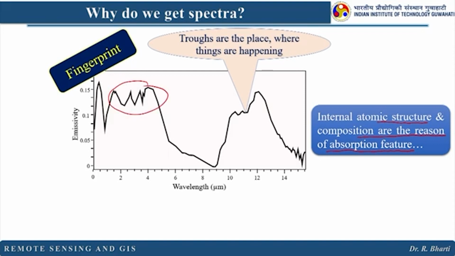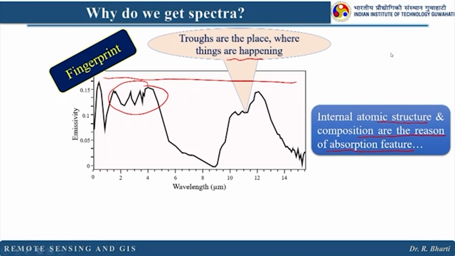These troughs are the places where things are happening. If you get a straight line here, that means nothing is happening. But if you are getting undulations like peaks and troughs, that says there is some interaction happening between the light which is illuminating this surface and the target.